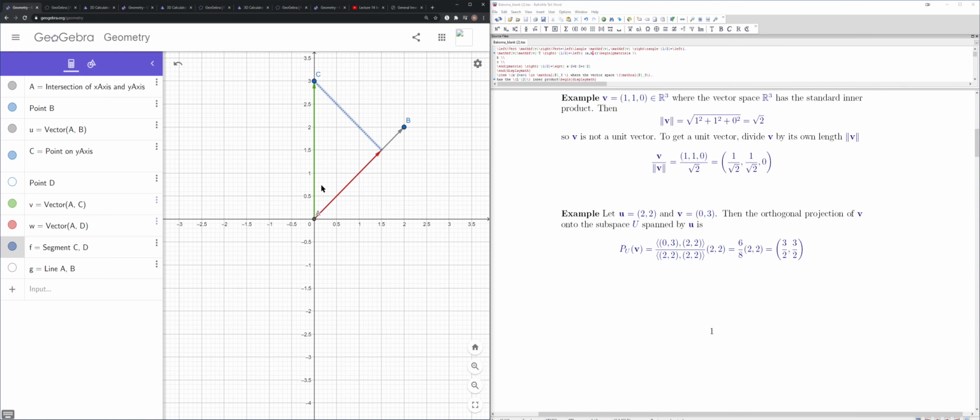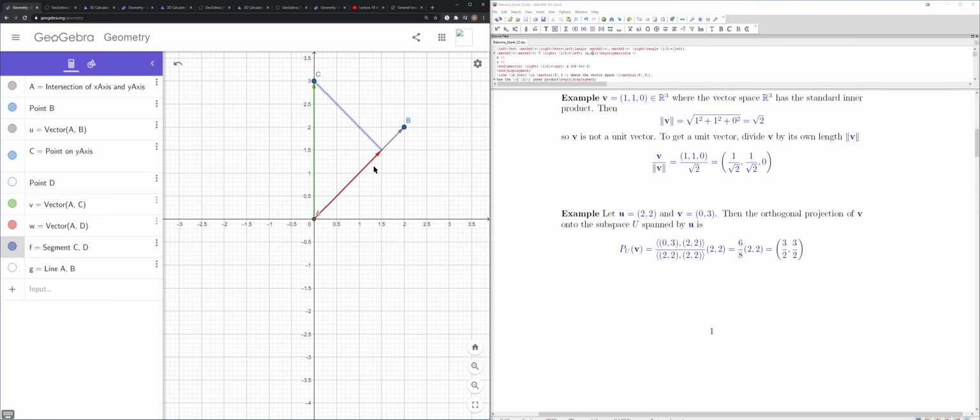Why it's called an orthogonal projection: this is v here, and this is the projection of v.